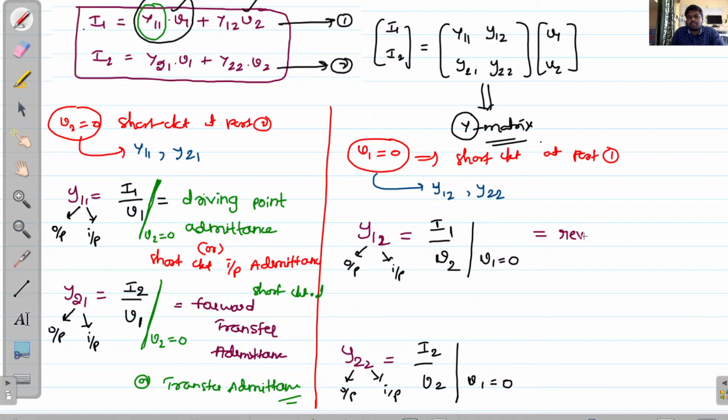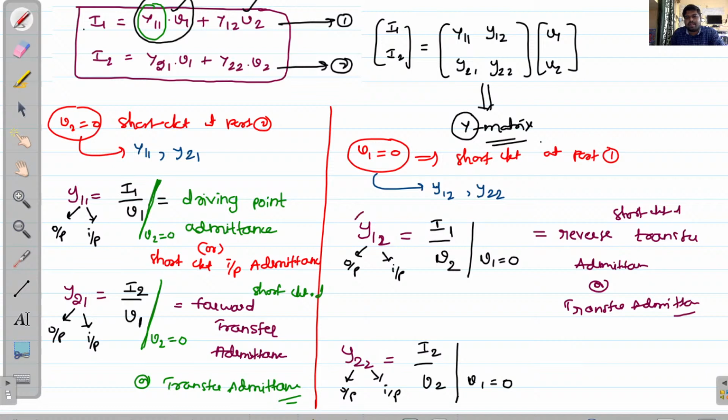So that is reverse transfer admittance. Some textbooks refer to it as reverse short circuited transfer admittance. Otherwise, in general the name is transfer admittance, whether it is port 1 to 2 or 2 to 1, that depends on this factor, but in general the name is transfer admittance.